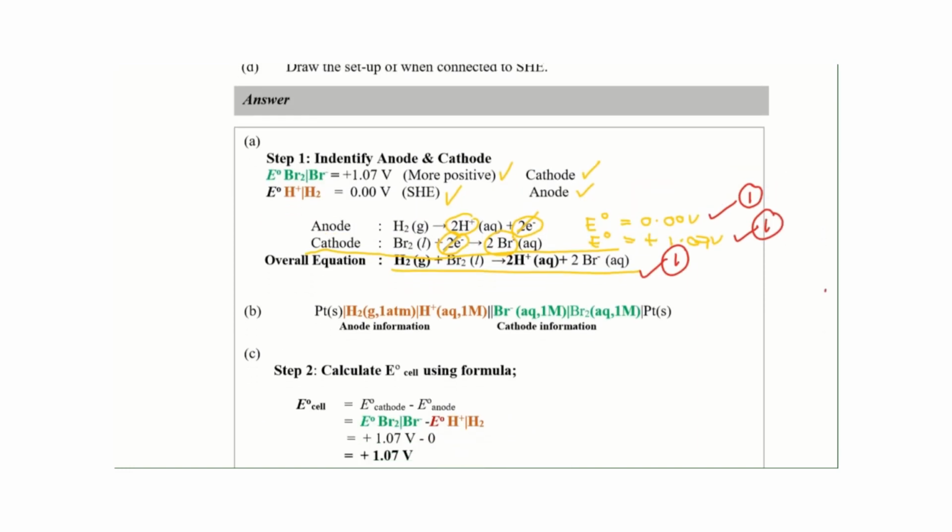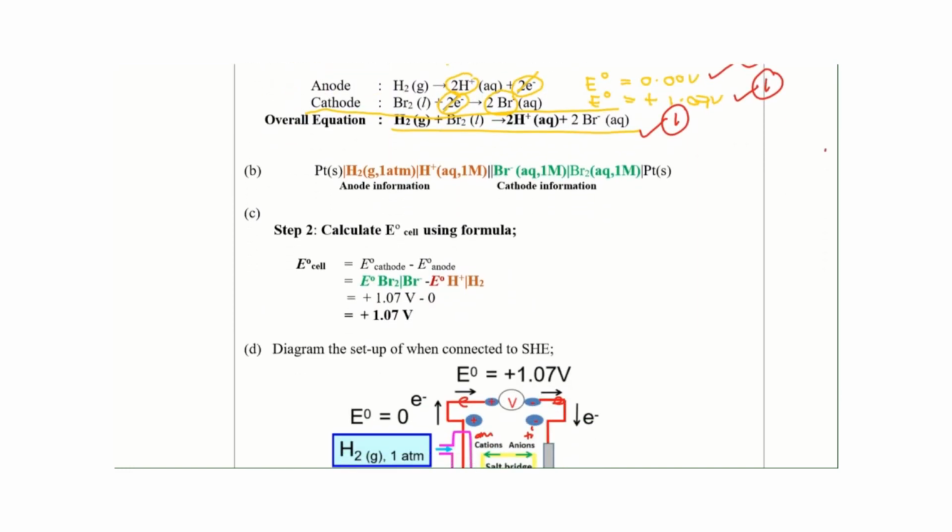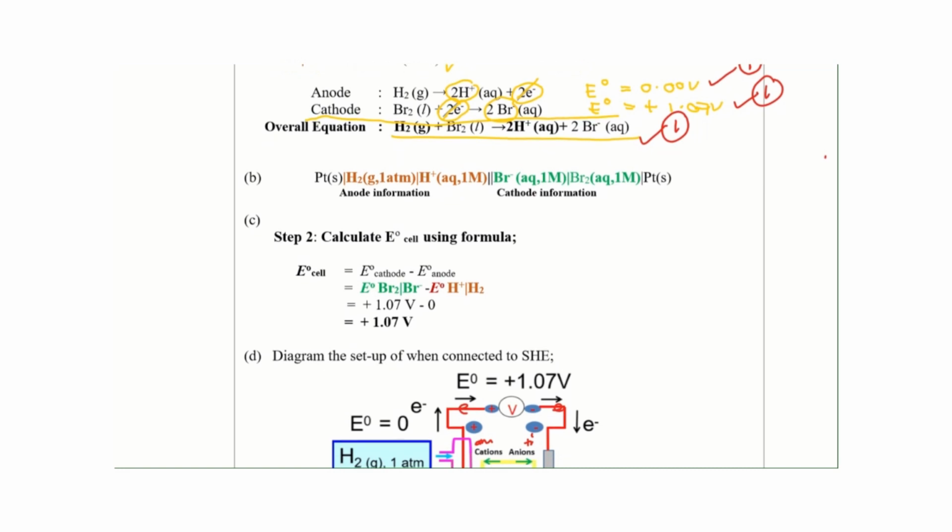B, write the cell notation. For cell notation, we have to write according to the half cell equation. This answer is wrong. The correct answer is we use an inert electrode, solid, and then a single vertical line. Okay, we have hydrogen gas. The condition is 1 atm.